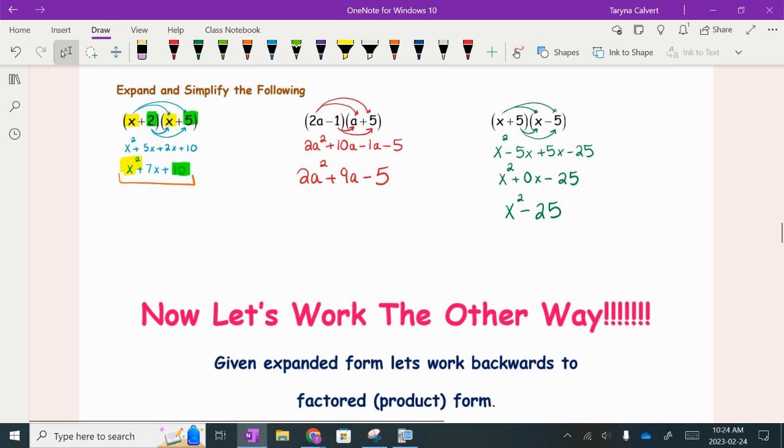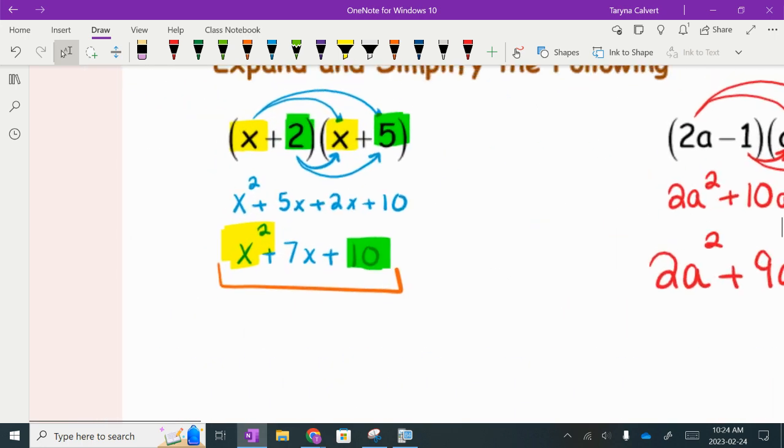But if we go back up to our expansion, where the inside number comes from, look at the inside. The inside gave us the 2x, right? The outside gave us the 5x. Those two go together to always give us the middle term. So that's all you're going to check, is you're going to check the inside and the outside products to make sure that middle term is going to be created.